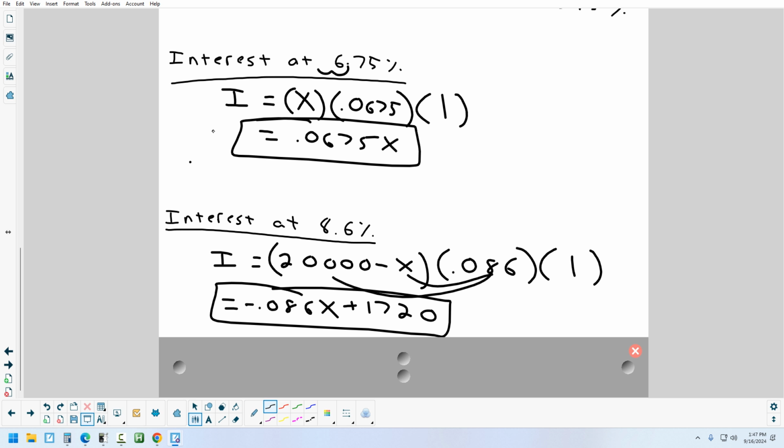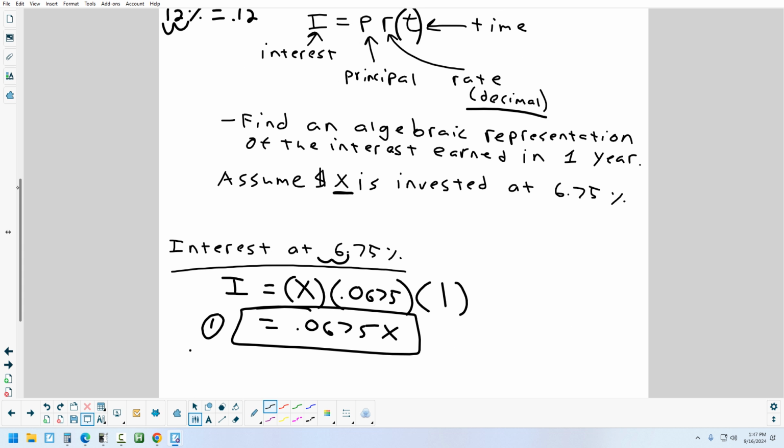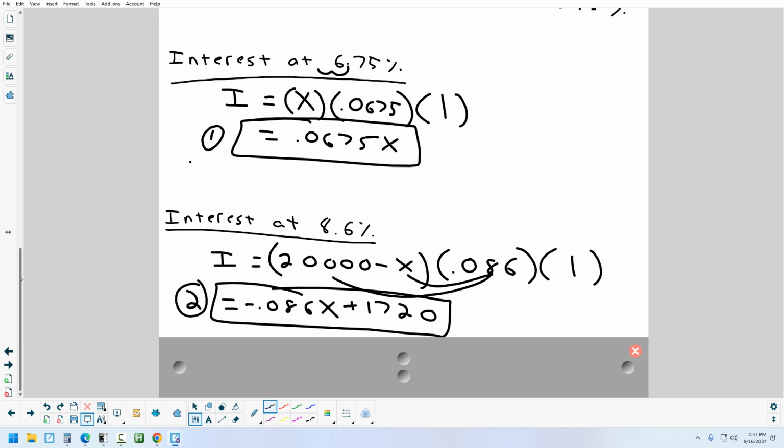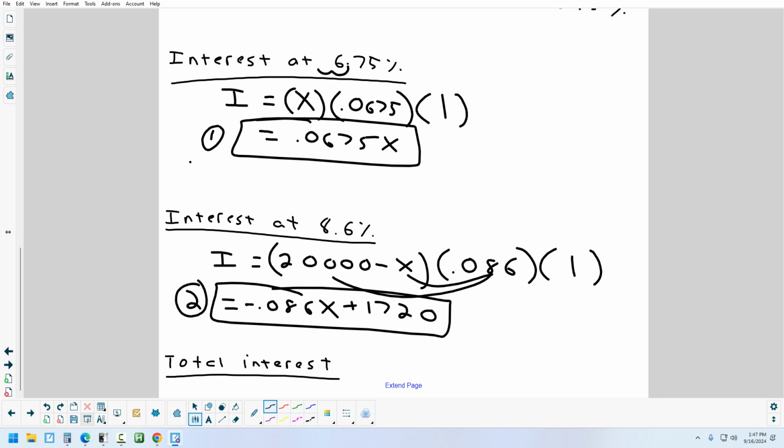So Bill's going to make some money in the first investment and some money in the second investment. How would we find the total money that he makes? He made some interest here and some here. How do we get the total? You add the 0.0675x to the equation from the second one.